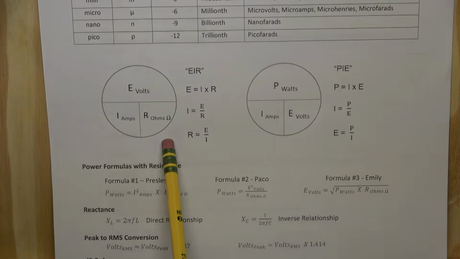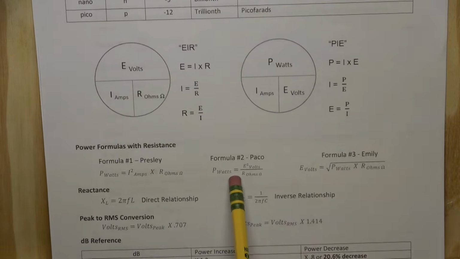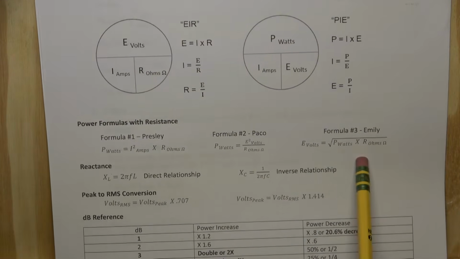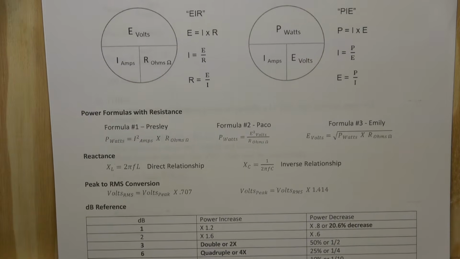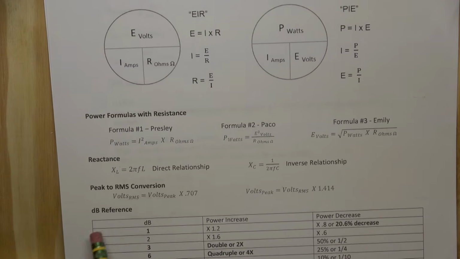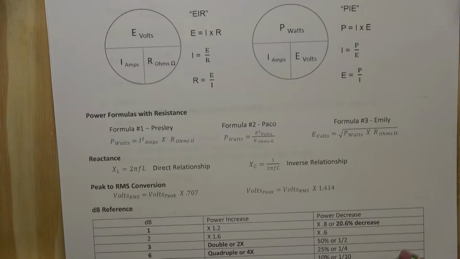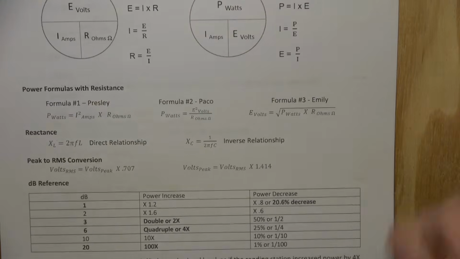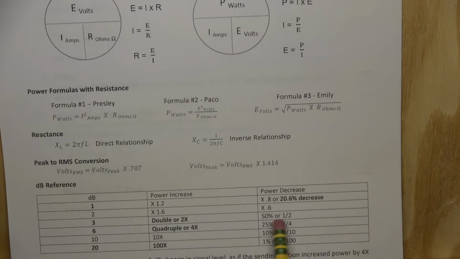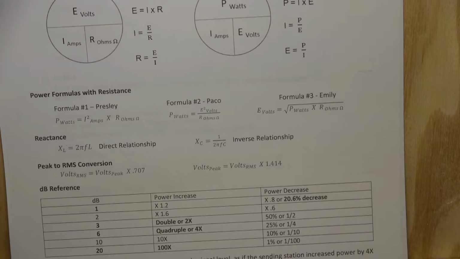We talked about our E-I-R and PIE circles. We talked about our new formulas. We haven't talked about reactance tonight. That'll be one of the first things we talk about. We covered peak to RMS conversion, and the only thing you really need to know about decibels, the 20% decrease for a decibel value of 1.